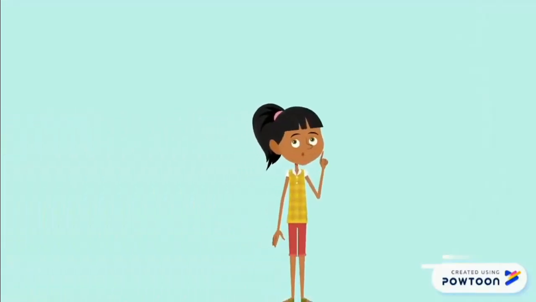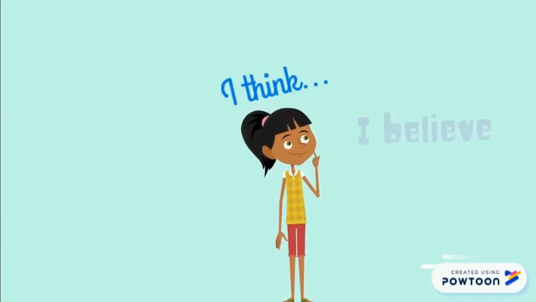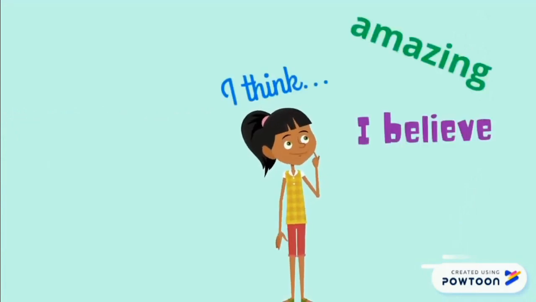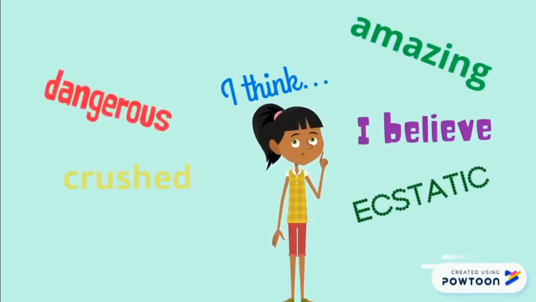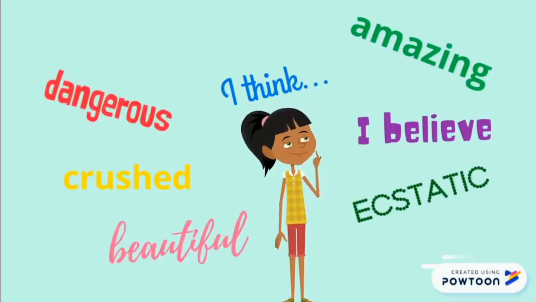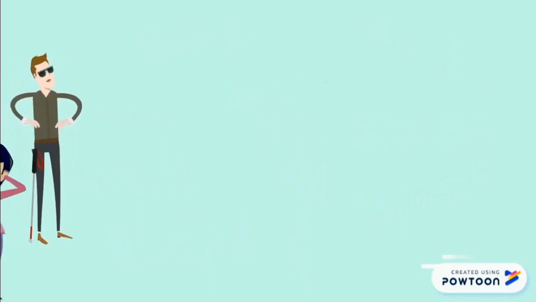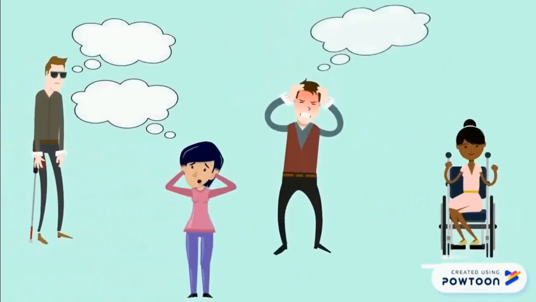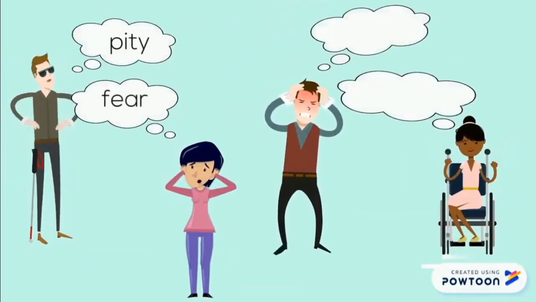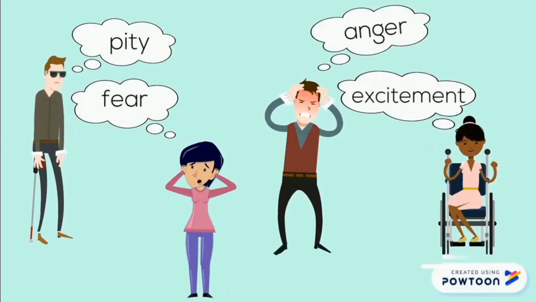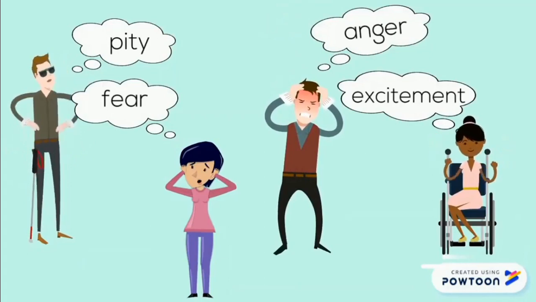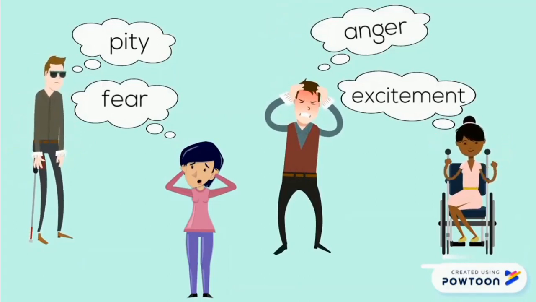Some phrases or words used to evoke emotions are I think, I believe, amazing, ecstatic, dangerous, crushed, beautiful, and foolish. These examples and many more may evoke emotions such as pity, fear, anger, and excitement, which can cause your audience to share the same view and take action.